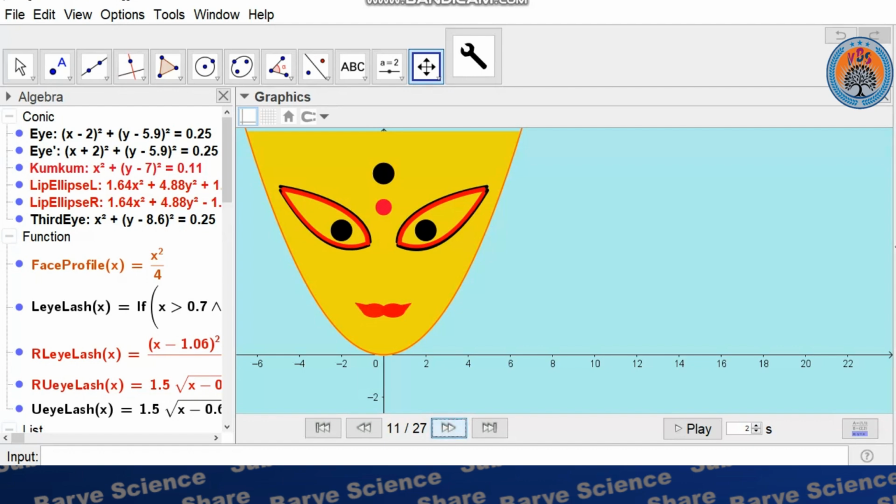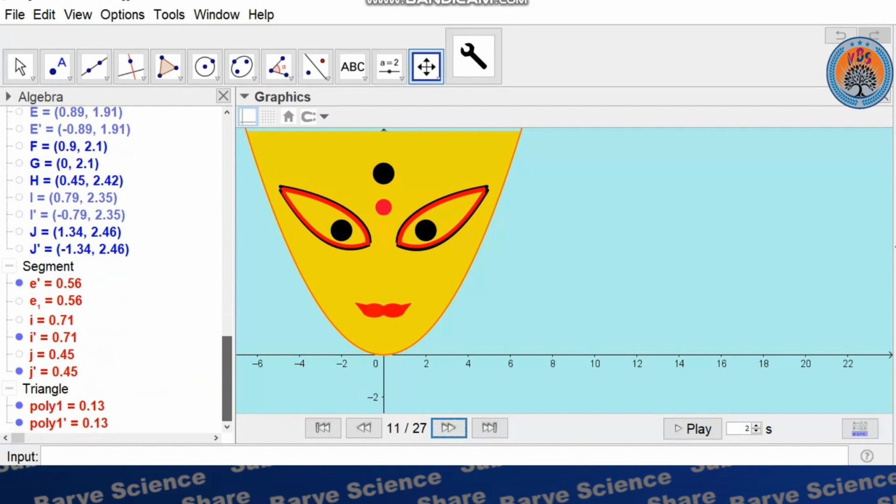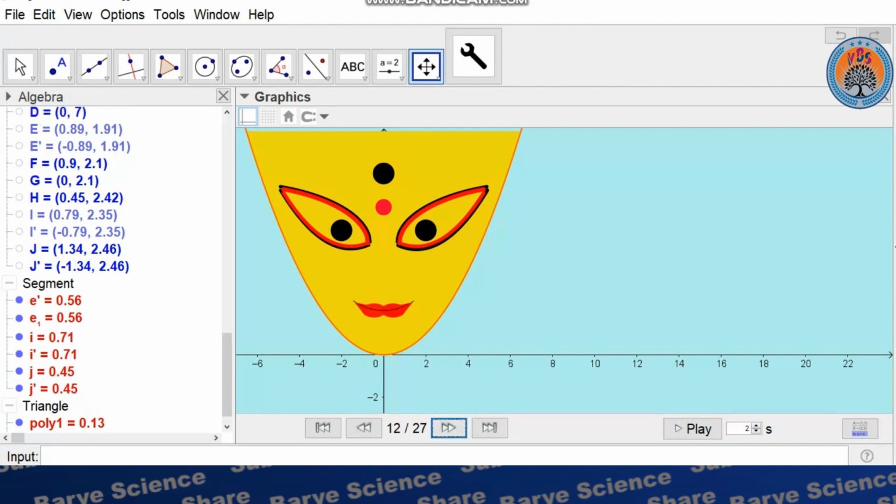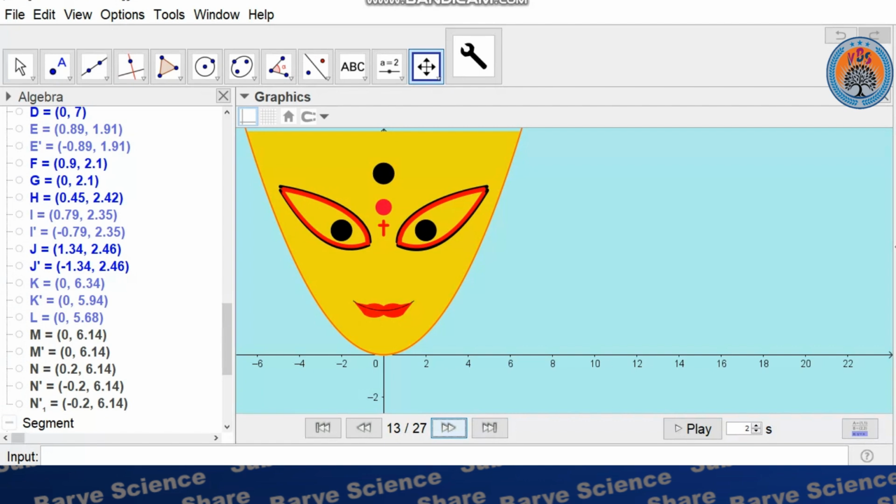What I have done is I am putting 2 triangles here. See, this is triangle 1, triangle 2, and when you add this triangle you get a smiley. Now I have enhanced this smile by putting a curved line here. You see that I am enhancing that smile, and then we'll go ahead and go on adding some details.